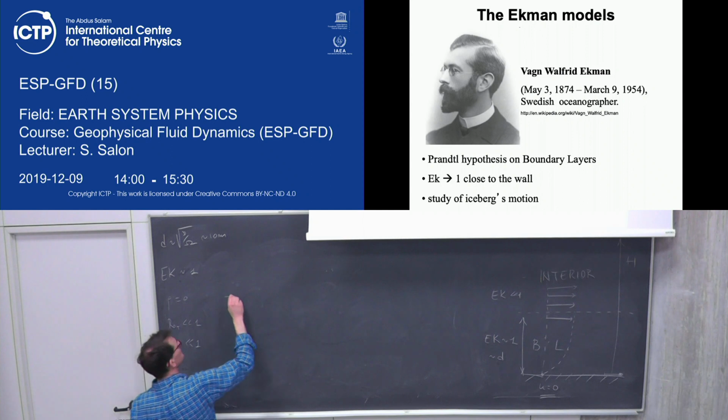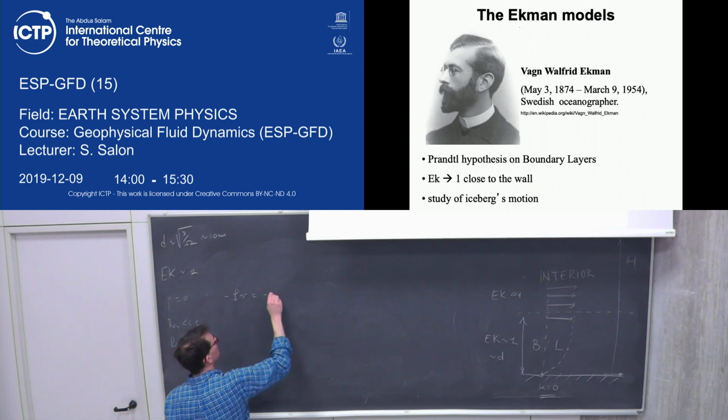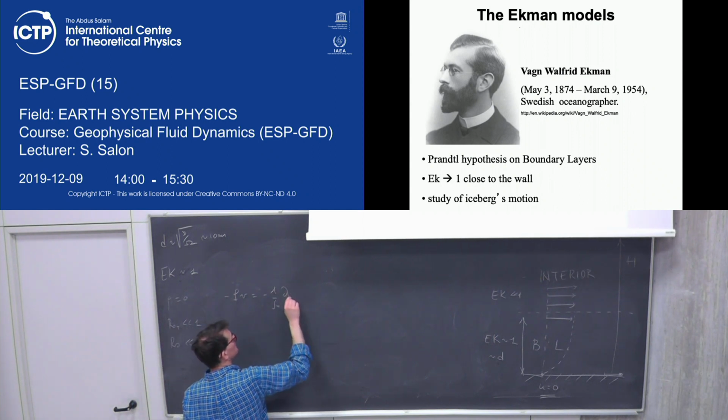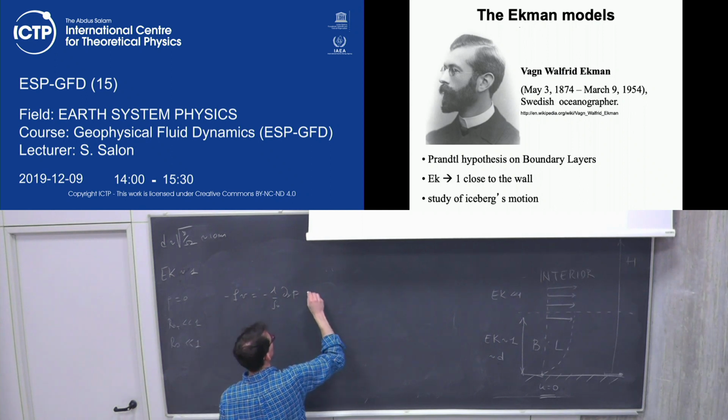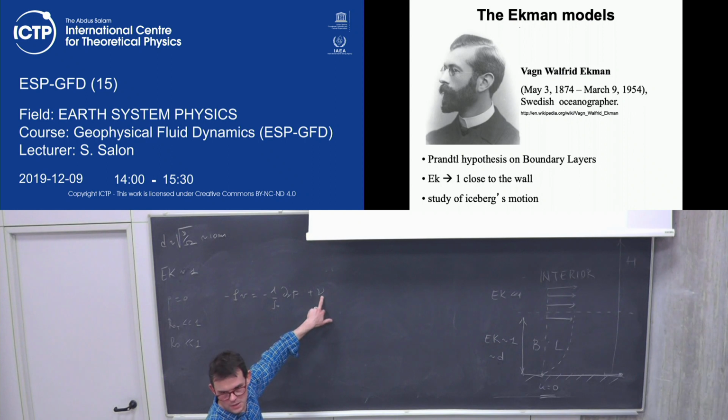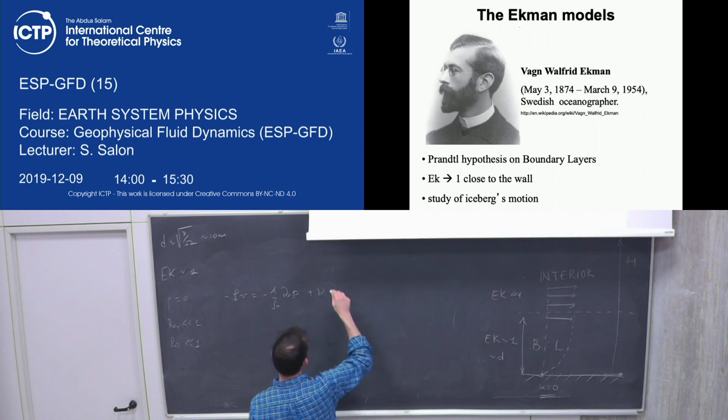So the equations are this one. So allow me to keep or not the E. So you consider that this is eddy viscosity. Okay, so sometimes I will put it, sometimes not. So please forgive me.